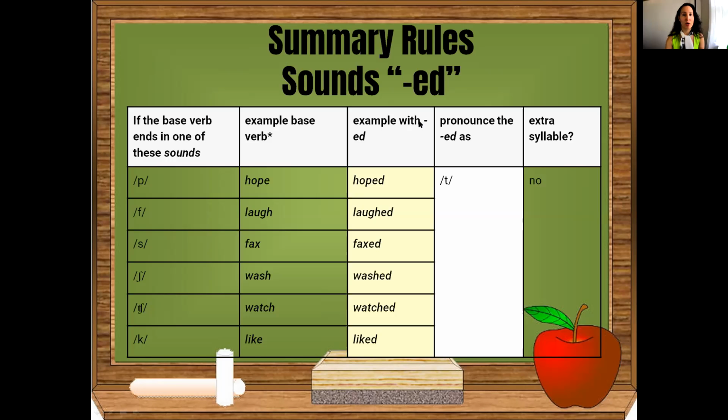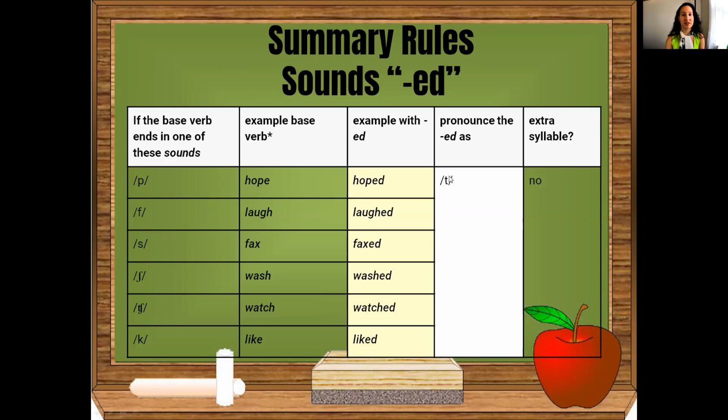Okay, so now if we end these with ED, it's a T sound, okay? Now we spell it this way, but it's pronounced and sounds like a T. So if you spell this H-O-P-T, okay, it would be hoped, okay? It's a long O, hoped. What would this one be?